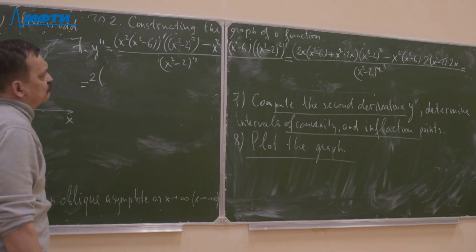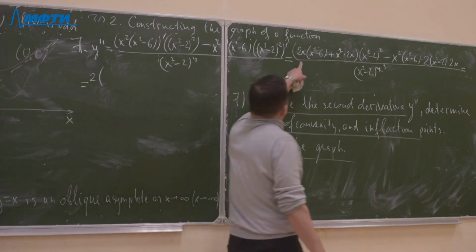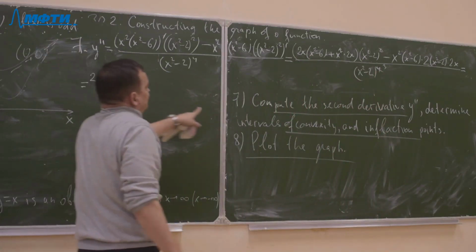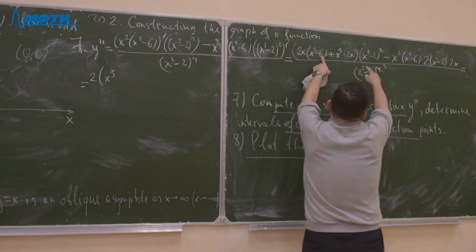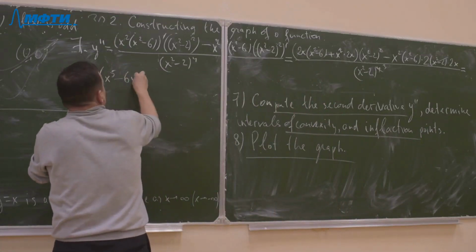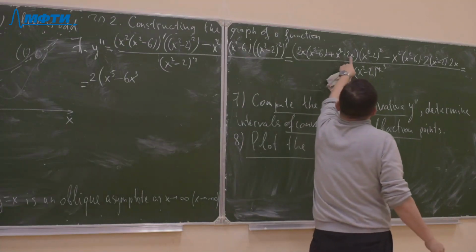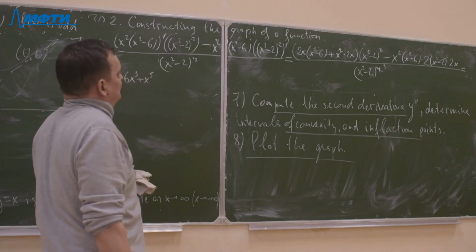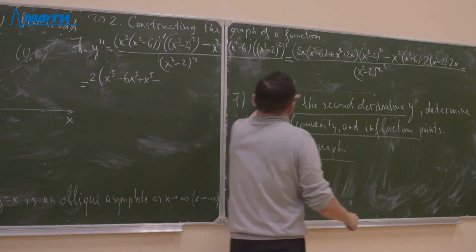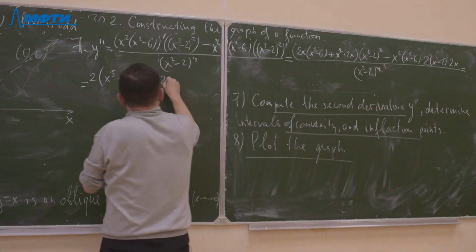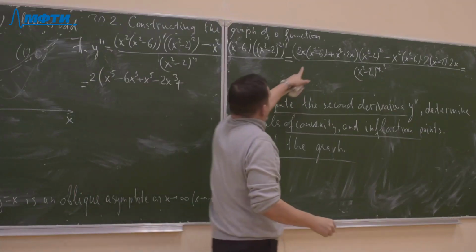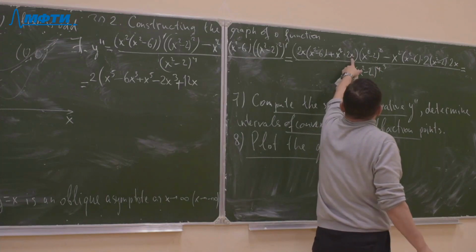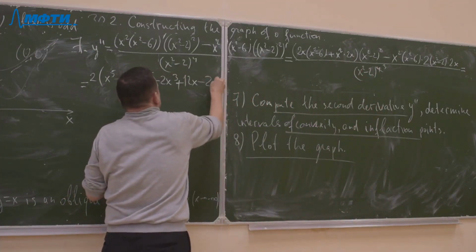And then what we have? Okay, 2 outside. x cubed times x squared, x to the power 5, minus 6x minus 6x cubed plus x cubed plus x to the power 5, then minus x cubed times 2x cubed plus 12x and minus 2x cubed.